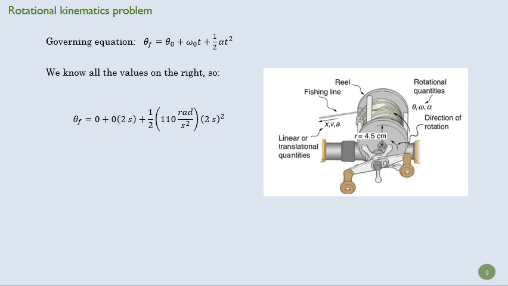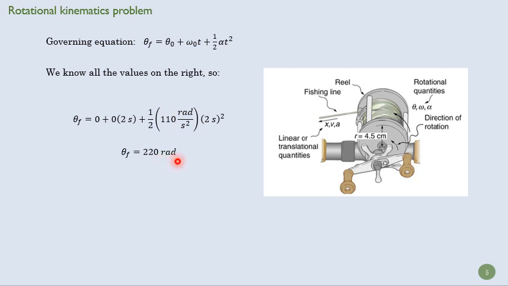And we end up with one half times 110 radians per second squared. I got my units right, woohoo! Times 2 seconds squared. And we find that our answer is 4 times a half times 110, which is 220 radians.